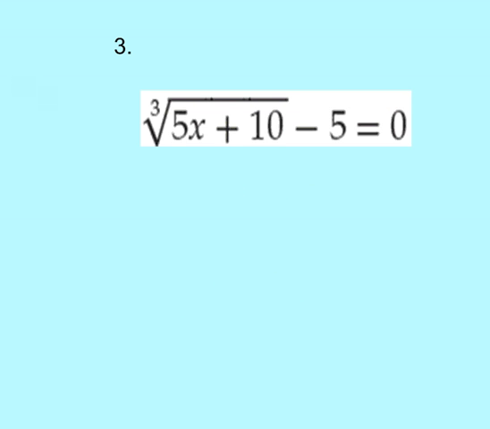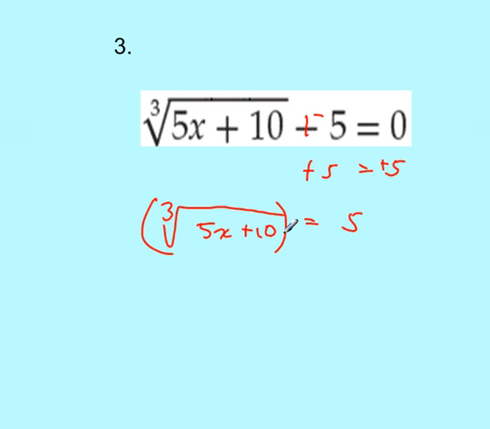For number 3, first off, add its opposite. Then anything outside the radical, we've got to move over to the other side. So we're going to add 5 to both sides. So we end up with the cube root of 5x plus 10 is equal to 5. Now to get rid of a cube root, we just cube everything.